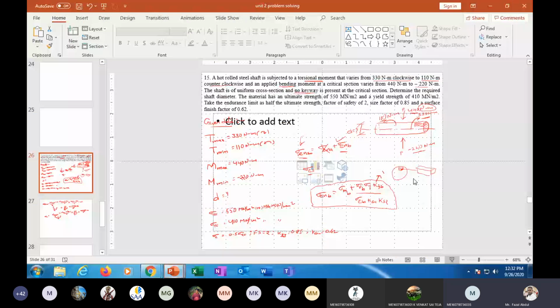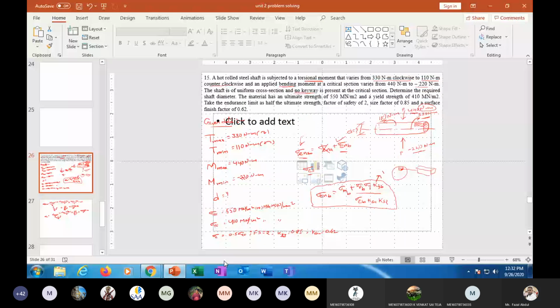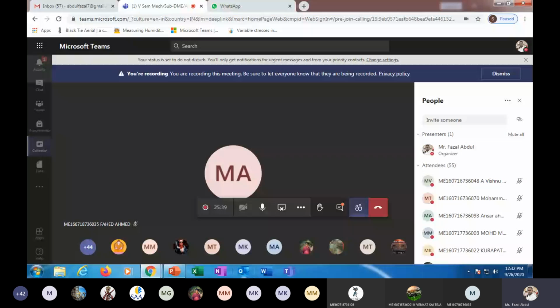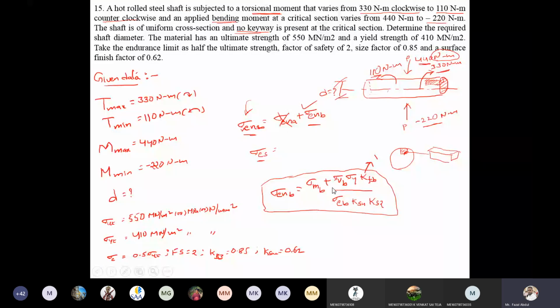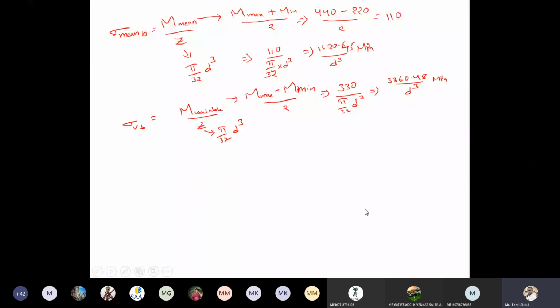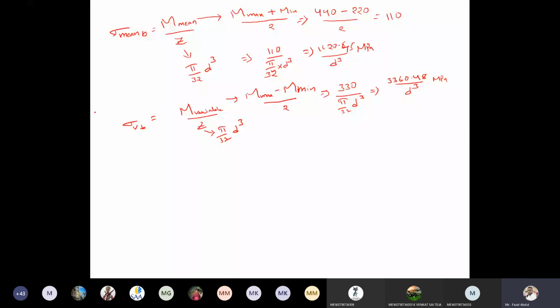Okay, Kb always take as 1. Always 1. And this product we have to calculate. What is the product here? Sigma e into Kb into surface into size.